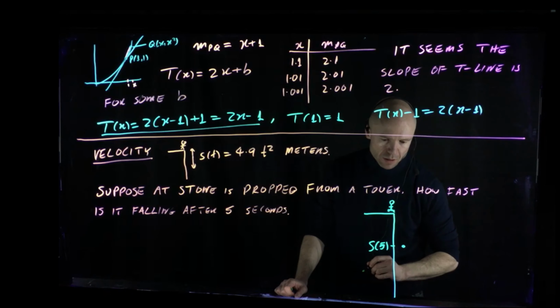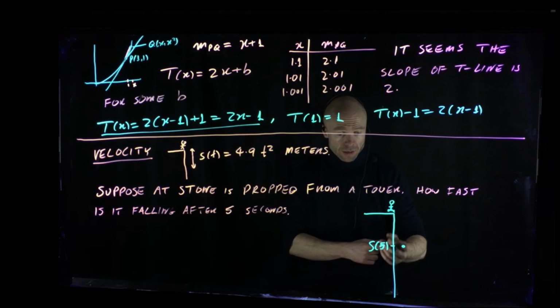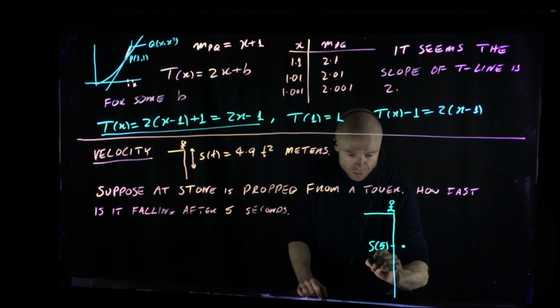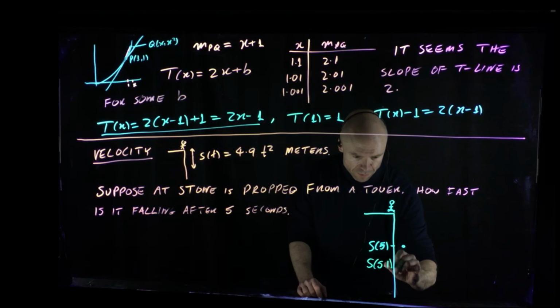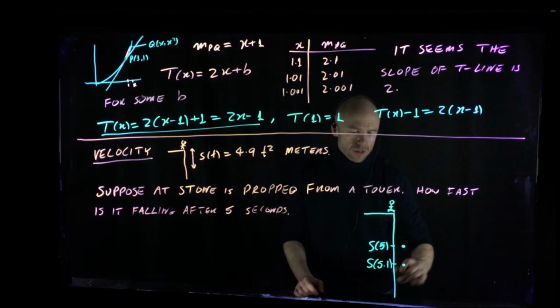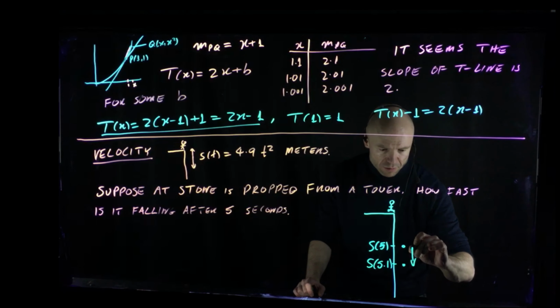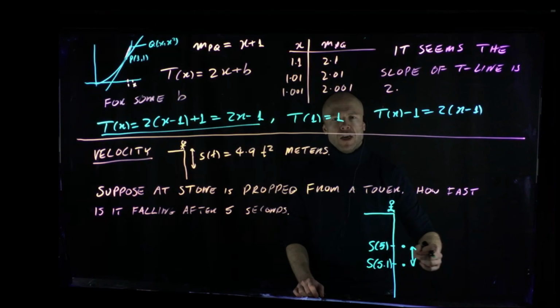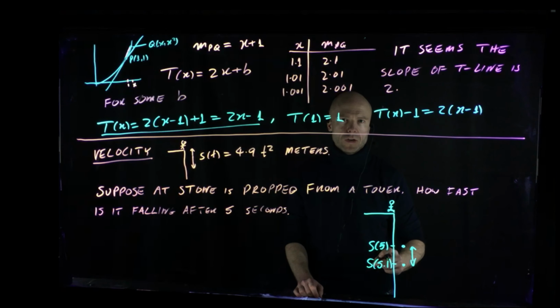Right. So if we consider where it is after 5.1 seconds, then it's going to be S of 5.1. And that'll be somewhere here. Right? So this thing here will be how far it travels in that time interval from 5 to 5.1 seconds, right? Which is 0.1 seconds. Yeah?